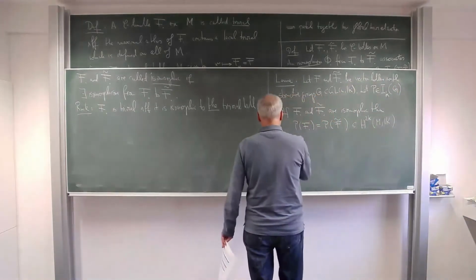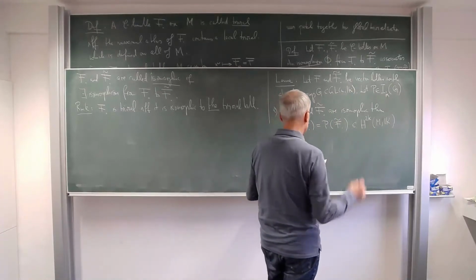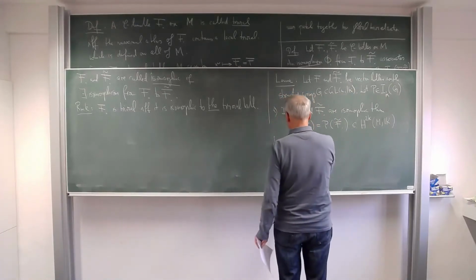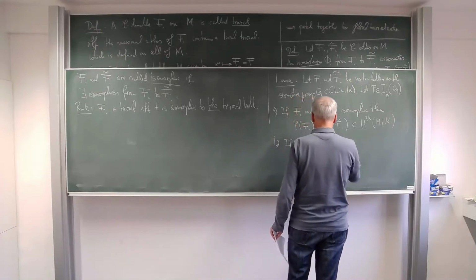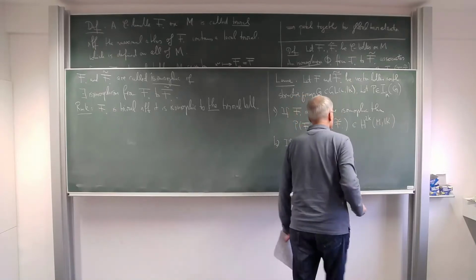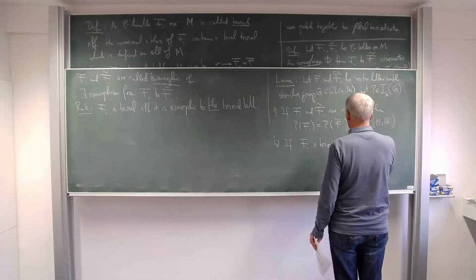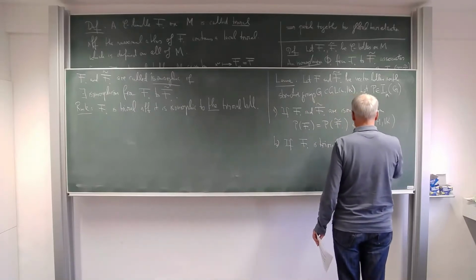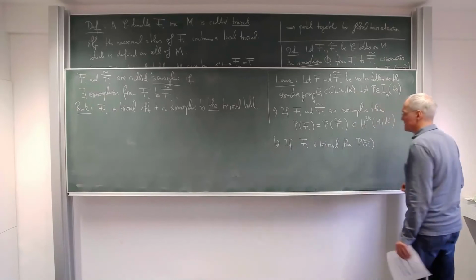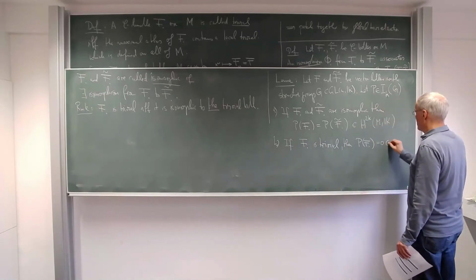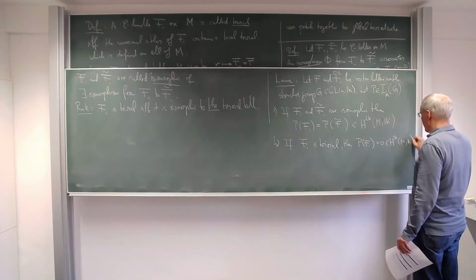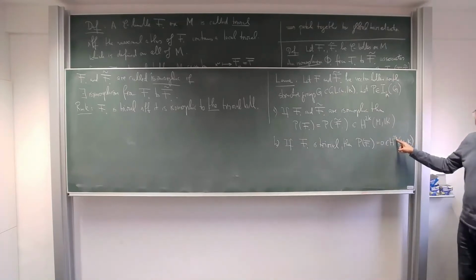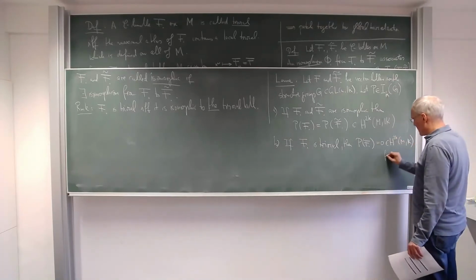And now similarly, if F is trivial, then the characteristic class that we get from it vanishes in degree 2k, unless we have possibly k equals 0, so for k at least 1.